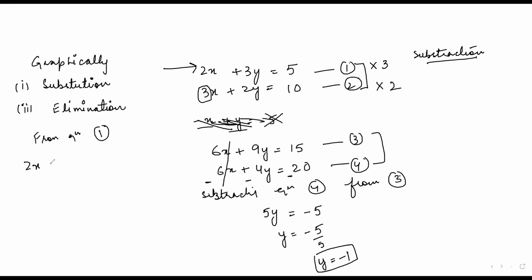So 2x plus 3 into y, which is minus 1, is equal to 5. So 2x minus 3 is equal to 5. So 2x is equal to 5 plus 3, which is 8. So x is equal to 4. So that's how I'll get my values of x and y. Is this clear, everybody? Yes, ma'am.